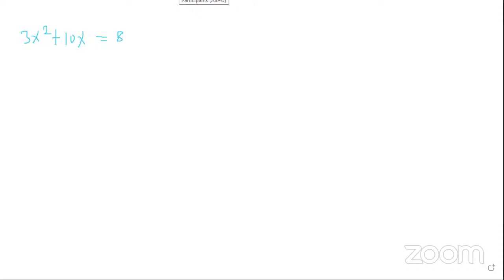Okay. They have given us the equation 3x squared plus 10x equals to 8. I'm going to resolve it into a quadratic equation, bringing 8 this side and equating the equation to 0. Once it's equated to 0, it will be a quadratic equation. So I have 3x squared plus 10x minus 8 equals to 0.